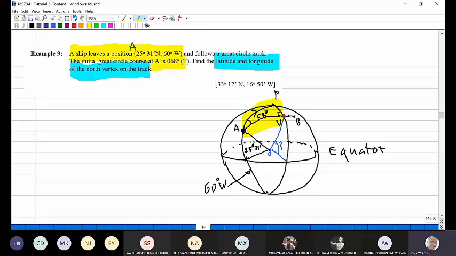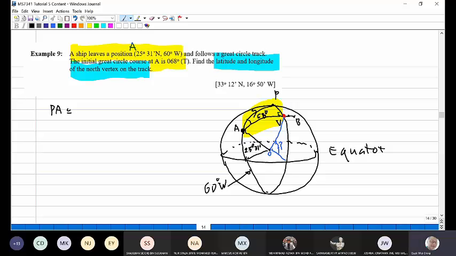All right. So first, let's try to figure out what is PA first. PA is called the co-latitude of A. What is PA now?